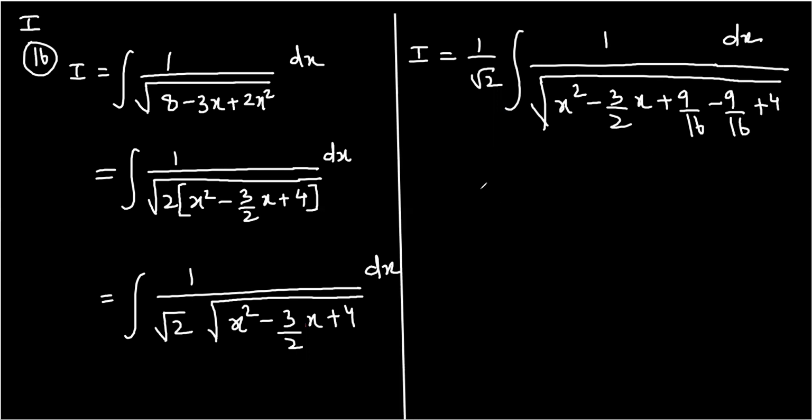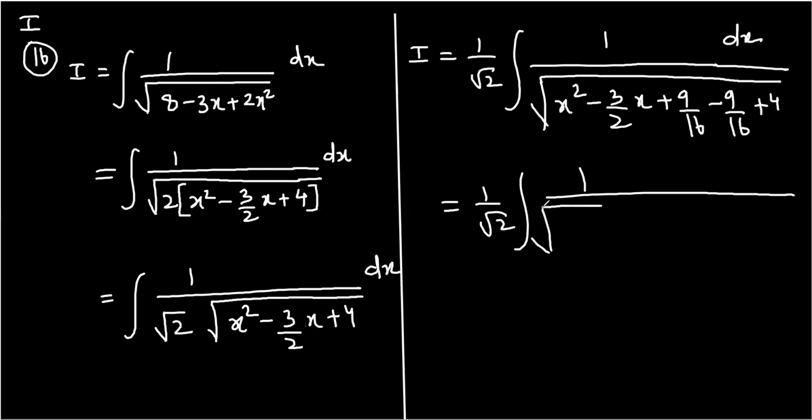The first 3 terms are going to get me a perfect square. And what is that perfect square? It is x minus 3 upon 4, the whole square.